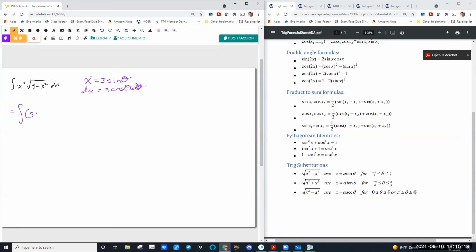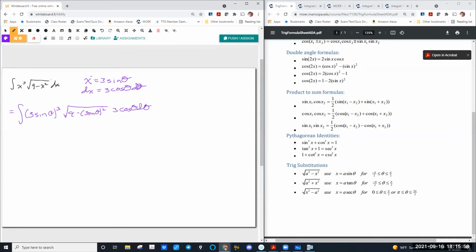So I have 3 sine of theta cubed, square root of 9 minus 3 sine of theta squared. And here's the part that most people forget. This is the most common error on trig sub, is forgetting to sub in the dx, which is a 3 cosine of theta d theta. We're going to do this one completely because there's something I absolutely got to show you at the end. The other ones we won't.